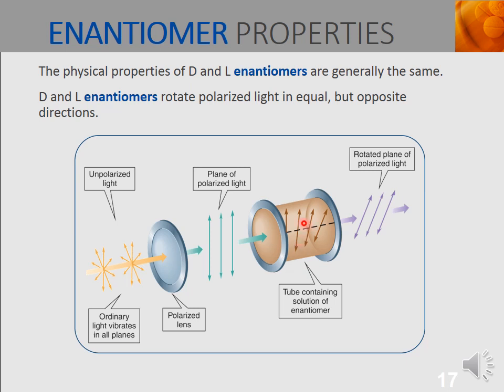The important point here is that if the two enantiomers are in equal amounts, then they will rotate plane polarized light by equal amounts but in opposite directions. Understand the point? When one enantiomer is 10 molar and the other enantiomer is 10 molar, the rotation will be equal but the direction will be opposite.